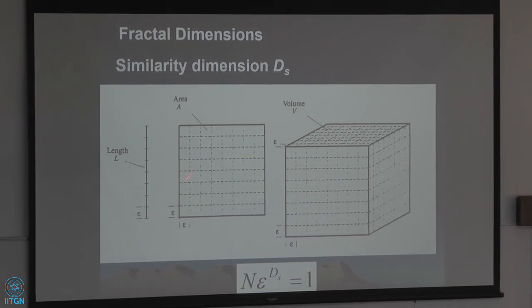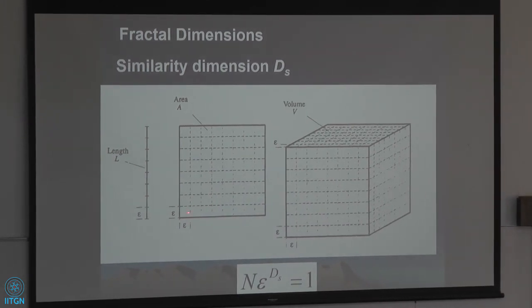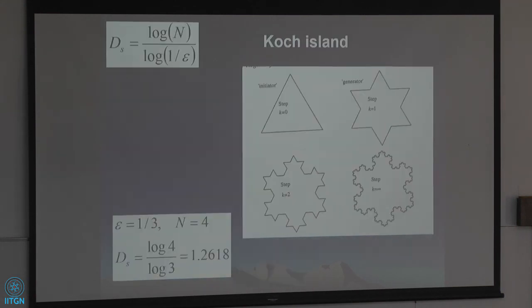Similarly, for the square, to cover the entire square with smaller squares, I need 1 upon epsilon squared number of squares, and for the cube I need 1 upon epsilon cubed number of smaller cubes. So, if the length scale is epsilon, the number needed to cover the entire set varies as epsilon to the power 1, 2, 3; the dimension is 1, 2, 3. So, I define the similarity dimension as n times epsilon to the power ds equal to 1, keeping it consistent with the normal Euclidean dimension.